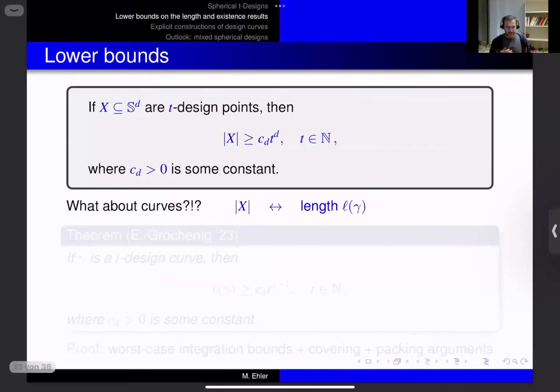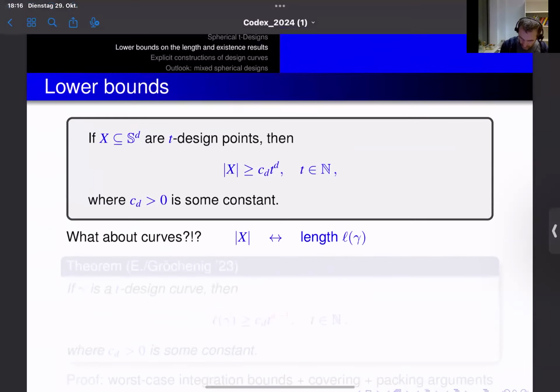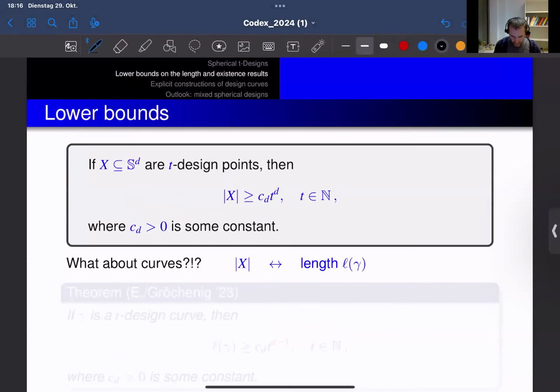And indeed, so again, for t-design points, there is this lower bound. So it's really essentially the cardinality of the points grows at least as t to the dimension d. While points have the cardinality, the curve has length.